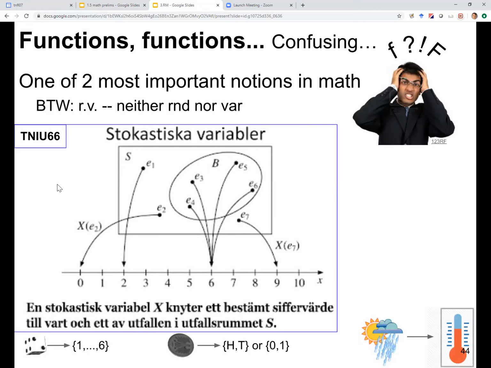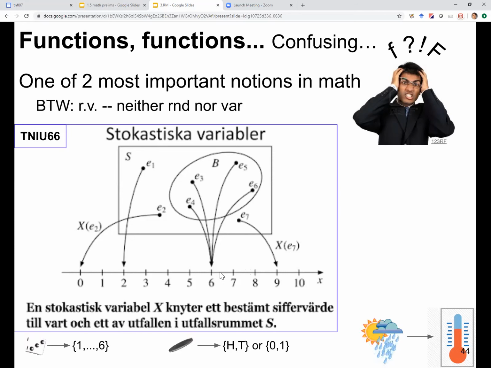And again, something that you might have seen in your probability course, and maybe this is a picture from a book, and I know the book has changed, but any good book at least should mention that the random variable is a function from the event space or state space, whatever you call it, into some values, into numbers, if it's a discrete random variable. It could be other things.